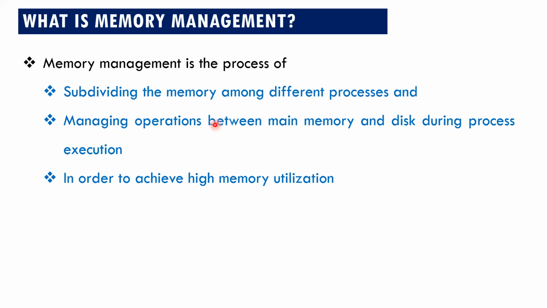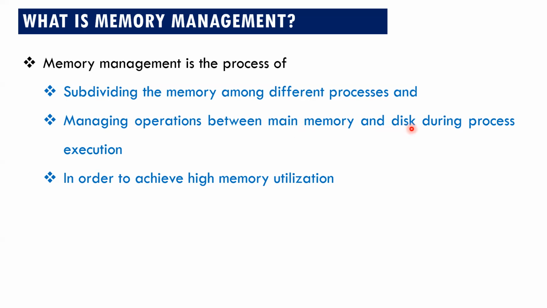And also whenever a process which is having higher priority has to be executed, then the lower priority processes which are residing in the main memory have to be swapped out to the disk, and we should make room for the newly arriving higher priority process in the main memory.